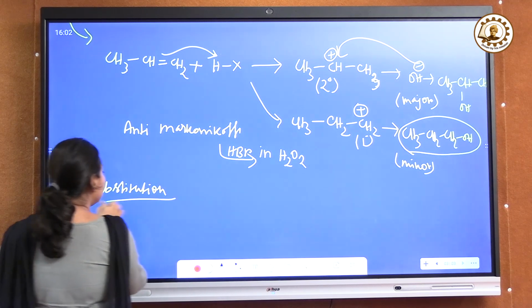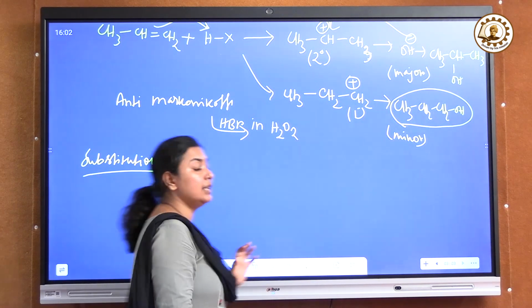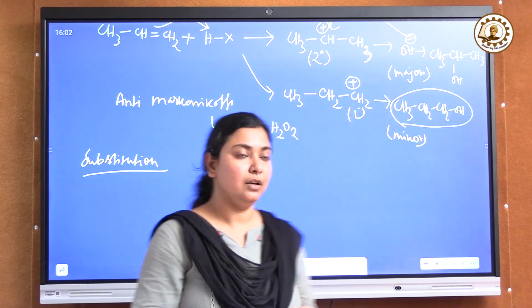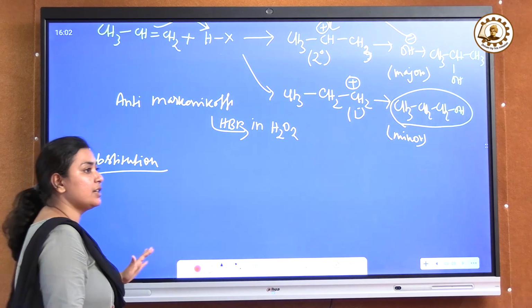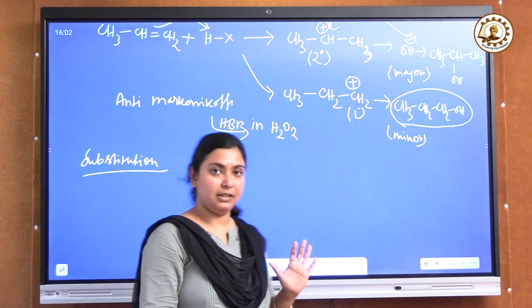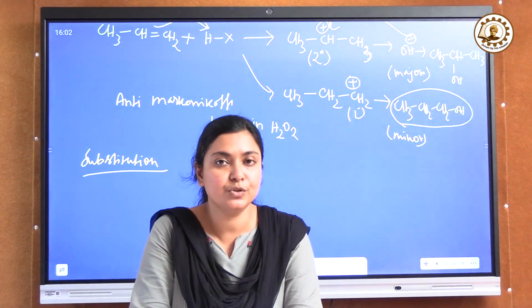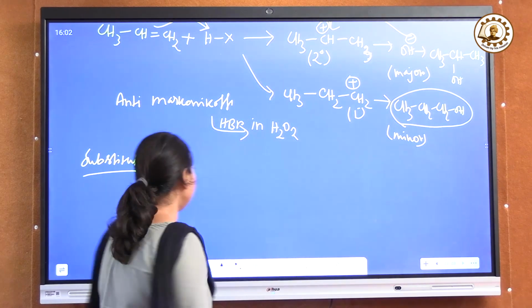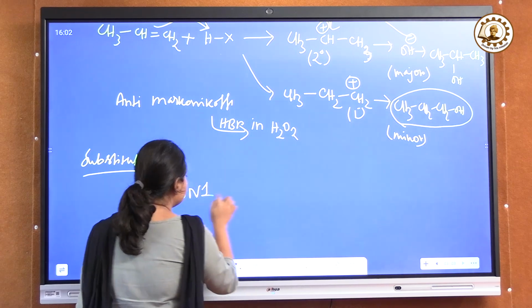So in case of substitution reaction, what happens? The leaving group is substituted by another nucleophile. Now this substitution reaction mainly follows nucleophilic substitution. There are two types of nucleophilic substitution reaction: one is SN1 and another one is SN2.